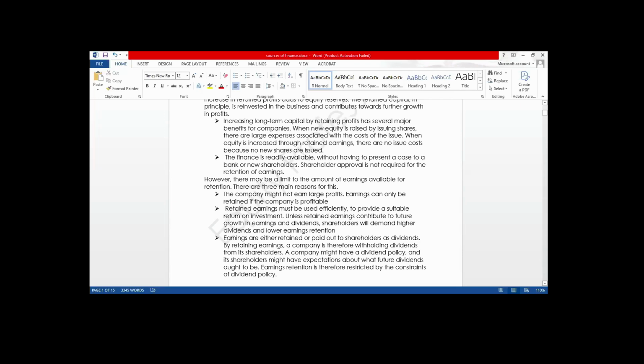That company must achieve profits, and the profit should be large enough. Where a company is not making profit, then you cannot retain any earnings.